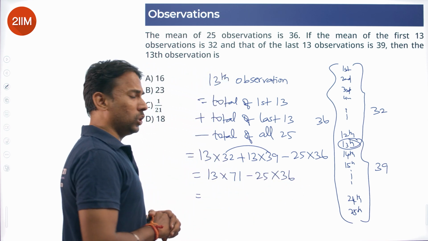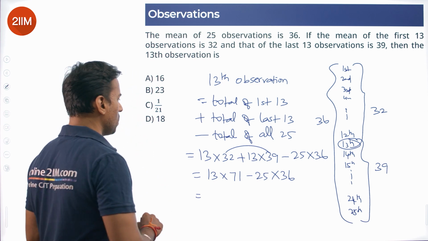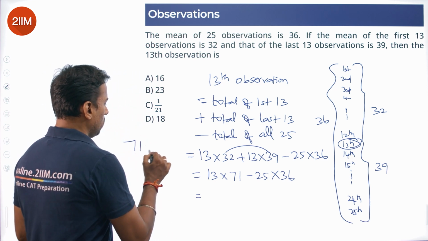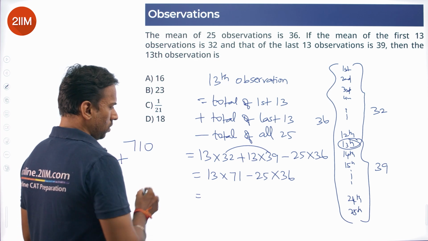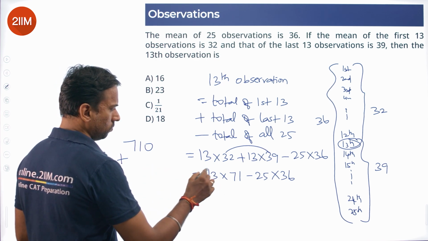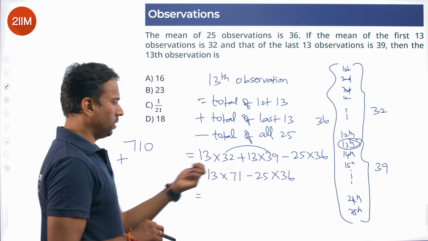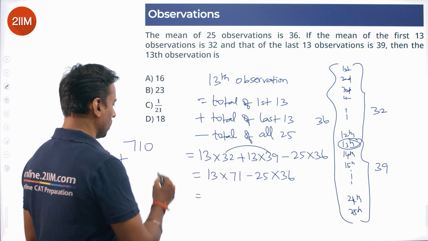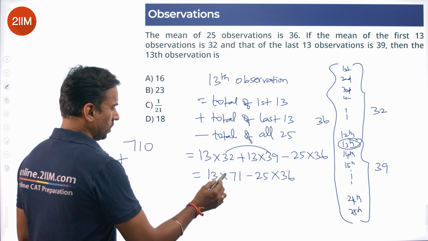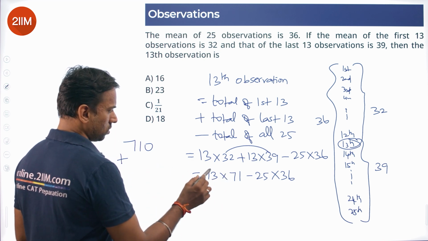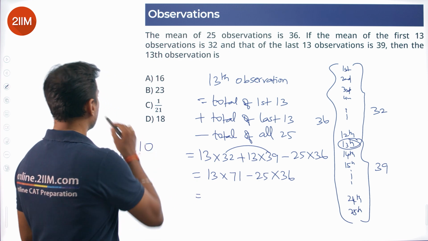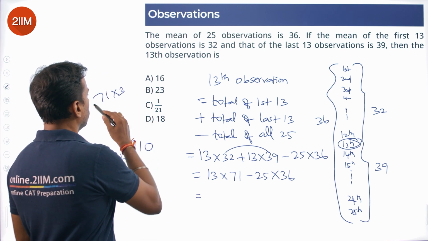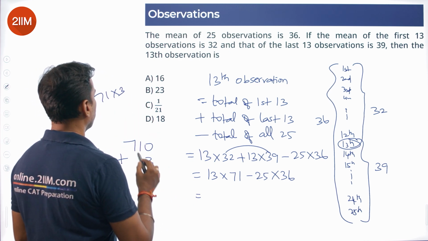So 13 into 71 is basically 710 plus 71 3s are. 71 10s are 710, and 71 3s are 213.